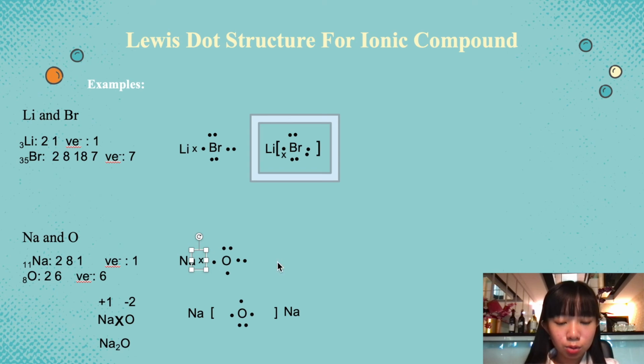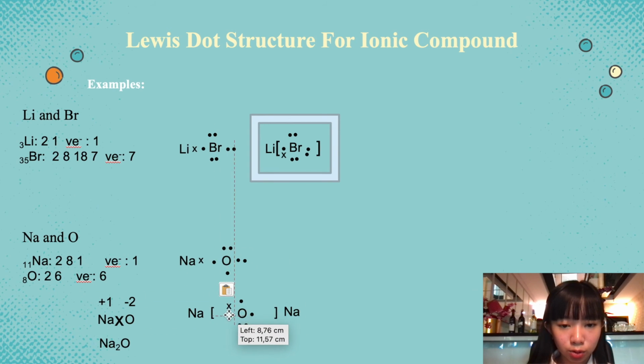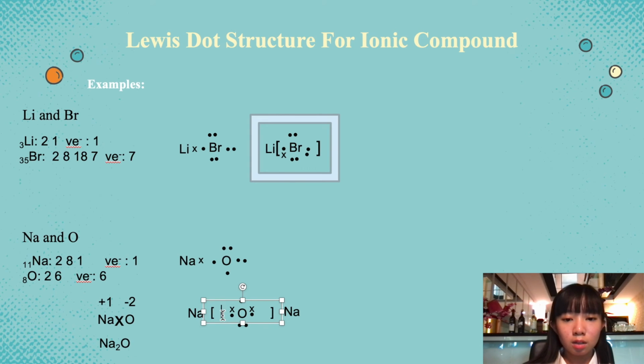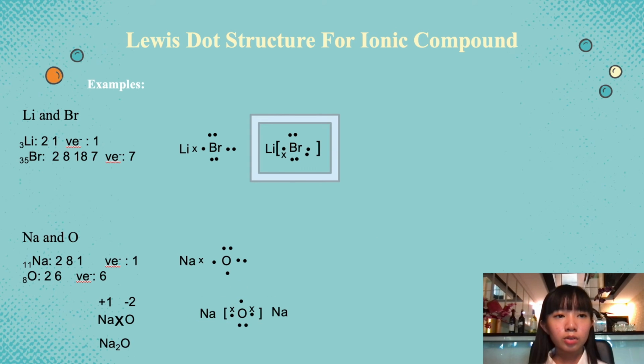So there will be 2 sodium, which means there will be 2 crosses for each. So this is how we represent the Lewis dot structure for sodium and oxygen.